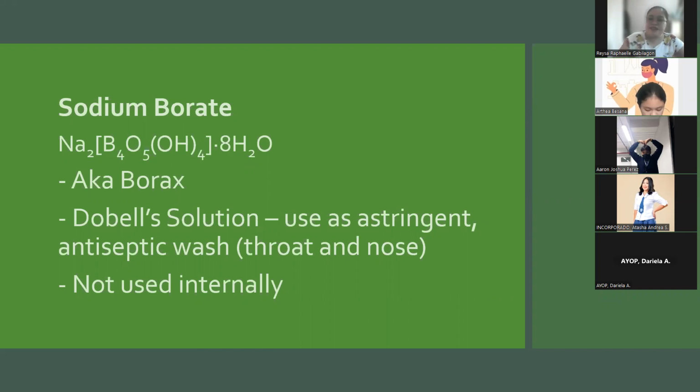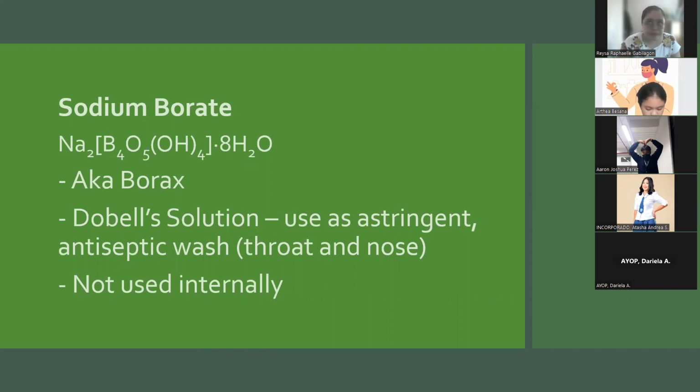Witch hazel is also used as an astringent. Okay. And then this is also used for cleansing. Sodium borate has an antiseptic activity, especially for the throat and nose. But we don't use sodium borate internally. Meaning it is really for external use only.